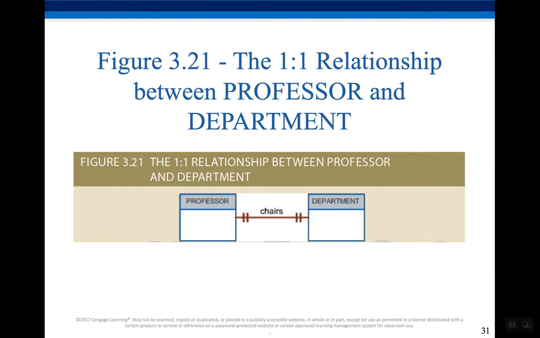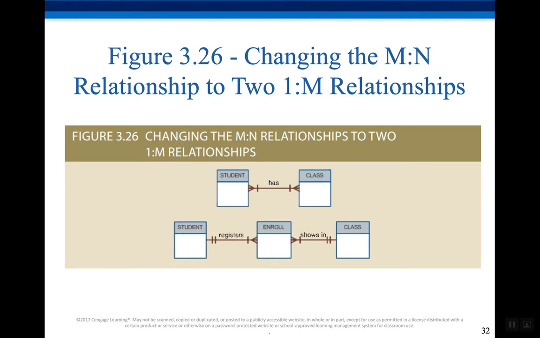In a lot of ways, the best way to describe this stuff is going through examples. The example we're going to show is the relationship between a professor and a department. A professor is part of one department. That's a one-to-one relationship. We say chairs, but it could also be is member of. That's a one-to-n relationship, and actually you can break a many-to-many into two one-to-many relationships.